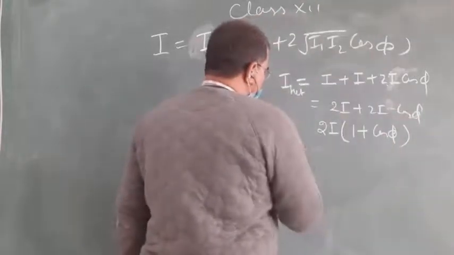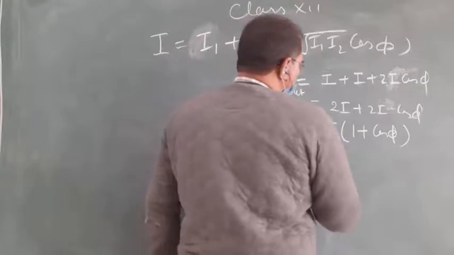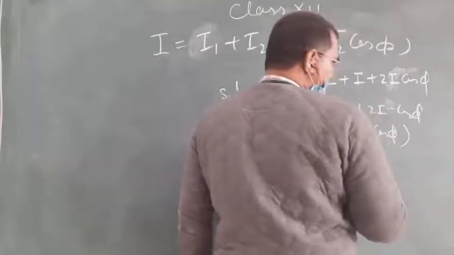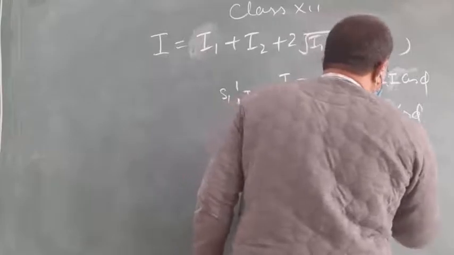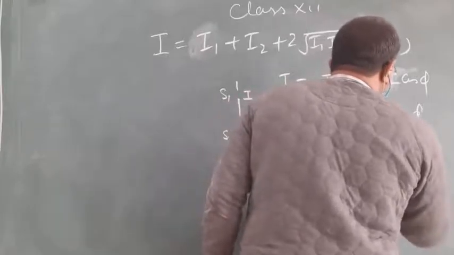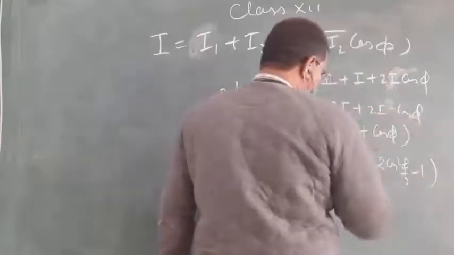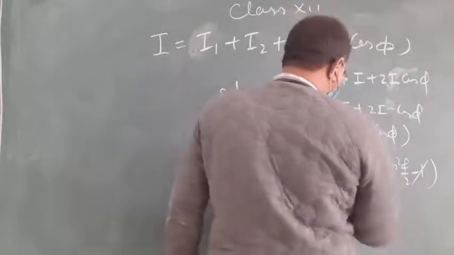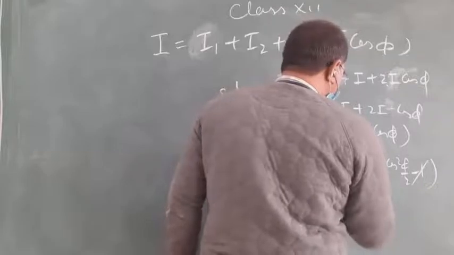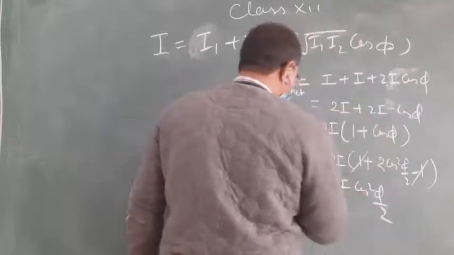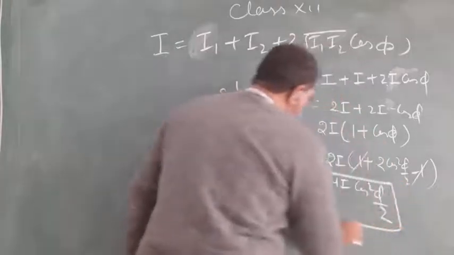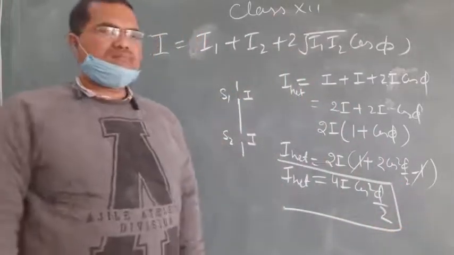So I net equal to 2I times 1 plus cos phi, and 1 plus cos phi equals 2 cos square phi by 2, since cos phi is 2 cos square phi by 2 minus 1. So the 1 is cancelled out, and we get 4I cos square phi by 2. This is another formula of intensity.